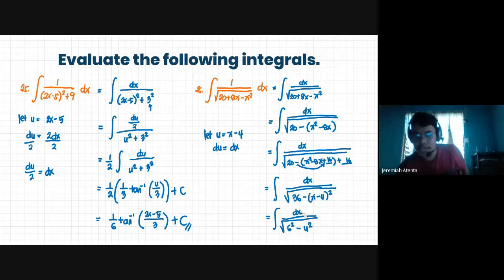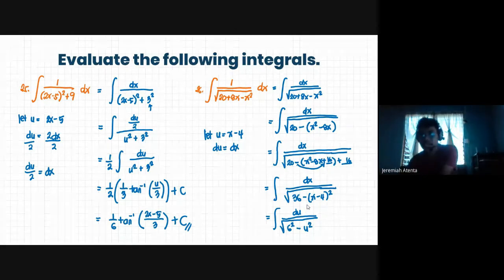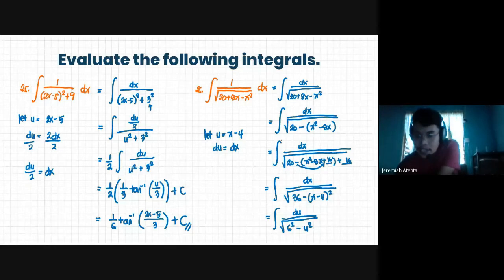So magiging du na pala yan. Since we let u be equal to x minus 4, this will become du here. Then from that, this is the first formula, right?